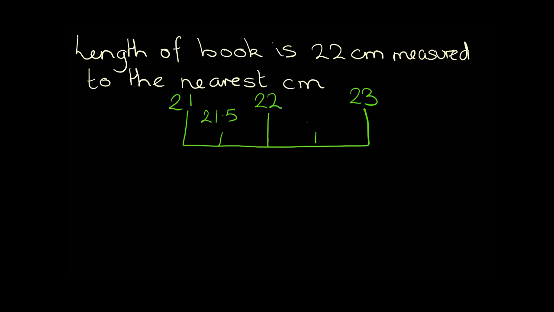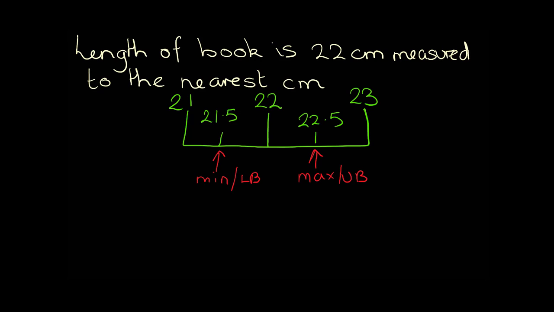Between 22 and 23 is 22.5. So this here is our minimum or lower bound, often abbreviated to LB. This value here is going to be our maximum or upper bound in our answer.